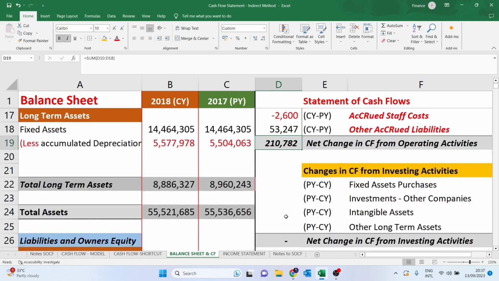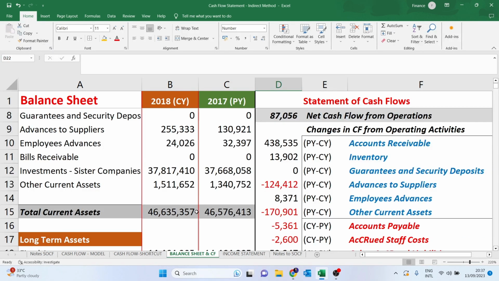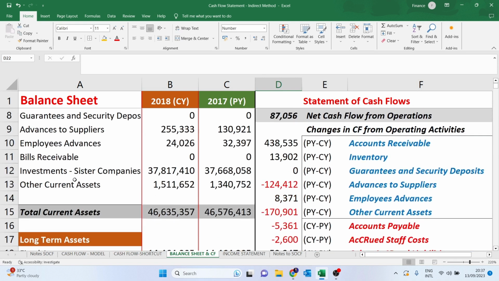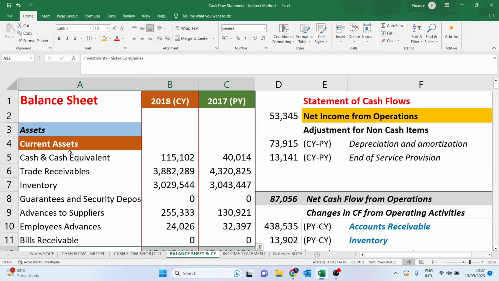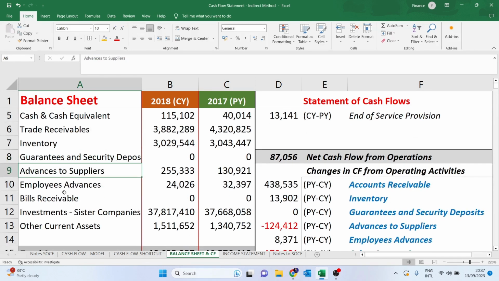Okay. Now let us move to the next part, investing activities. What were the changes that happened during the year in investing activities? So here you can see if you check the investing activities section, this is an investing activity because in current assets we have entered all other items here, excluding cash. Trade receivable we have shown, inventory shown, guarantees shown, advanced supplies shown.